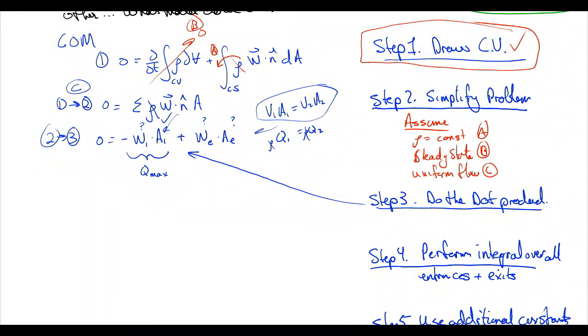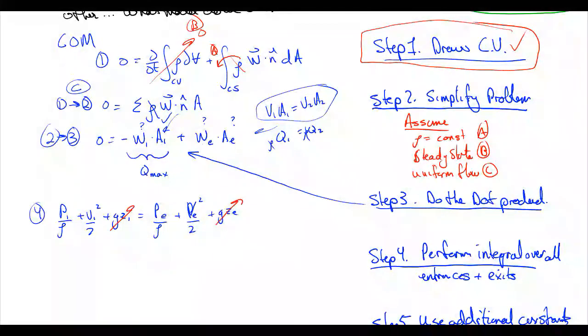P1 over rho plus V1 squared over 2 plus G Z1 is equal to P exit over rho plus VE squared over 2 plus G ZE. Great. So we know that our heights don't change hardly at all, so we're going to neglect our heights.